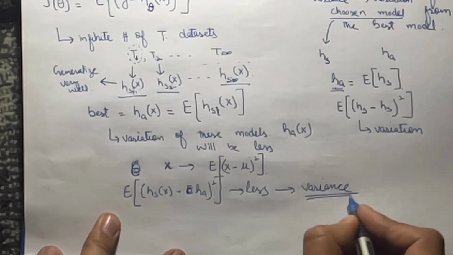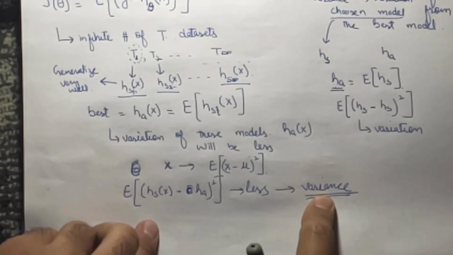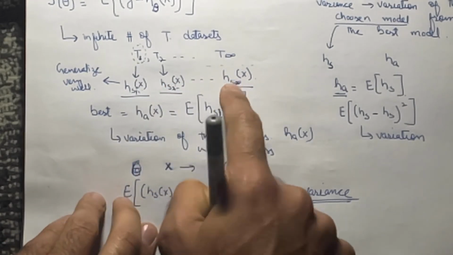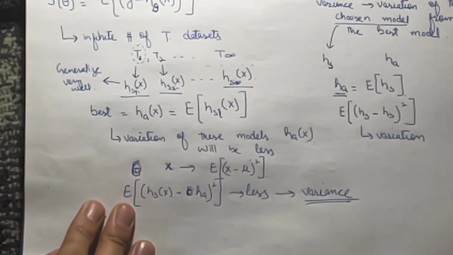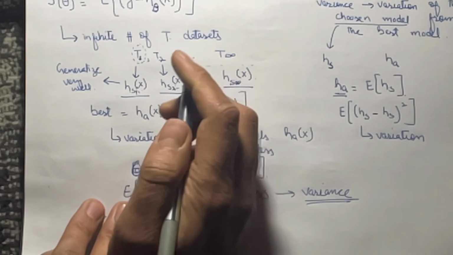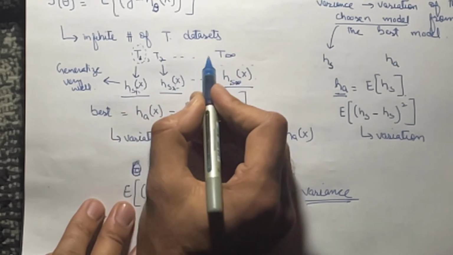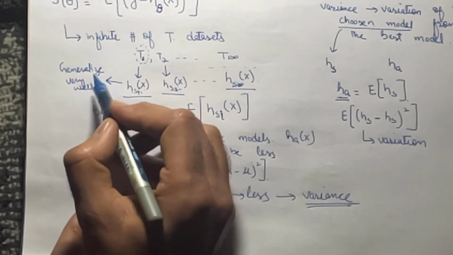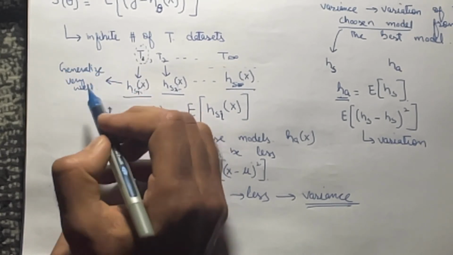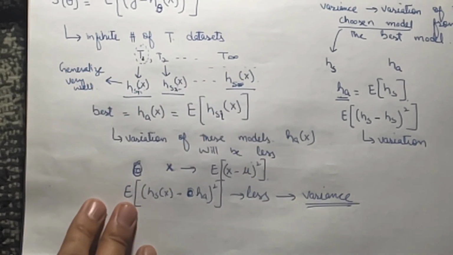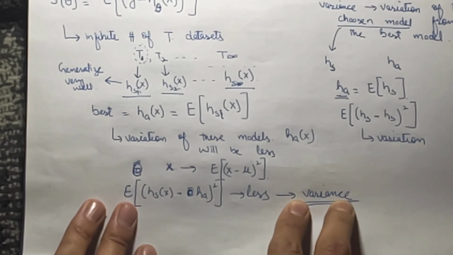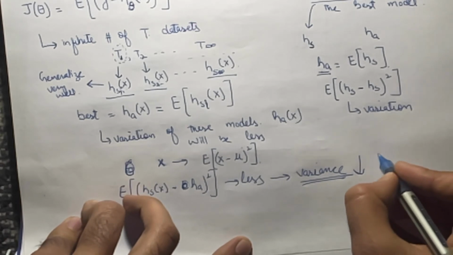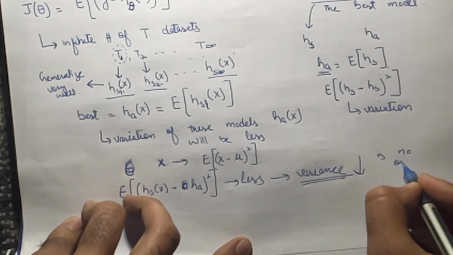So what is the variance? You should understand the term. Variance is the variation of these models from the best model. If the variation is very less, that means they are very less sensitive to the change in data, so they are generalizing very well, and when they are generalizing very well, they won't overfit. So if variance is less, there is no overfitting.